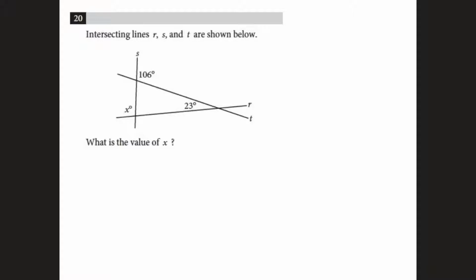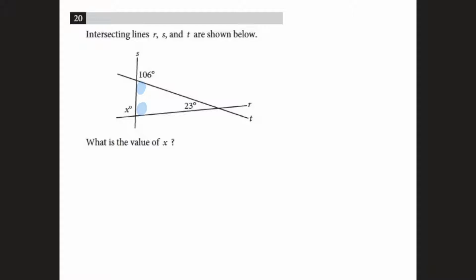So if we can figure out this angle and this angle, then we can figure out x, because x and this interior angle are going to be supplementary. So just right off the bat, I see that 106 and the linear pair with that interior angle of the triangle are going to be supplementary.